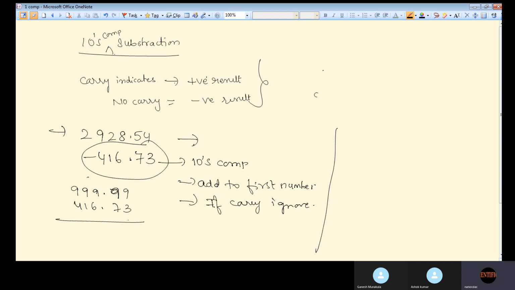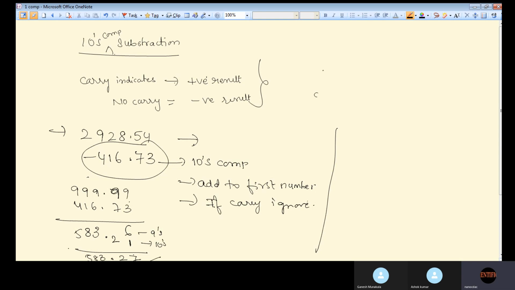Let's see. 9 minus 4 is 5, 9 minus 1 is 8, 9 minus 6 is 3. So this is the 9's complement, right? For the 10's complement, you need to add 1. So you are getting 583.27. This is the 10's complement.